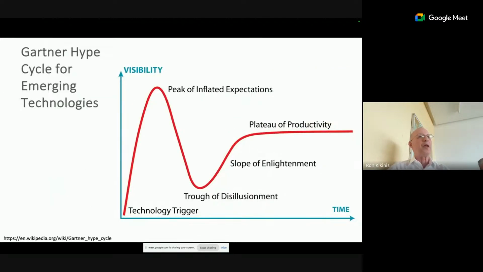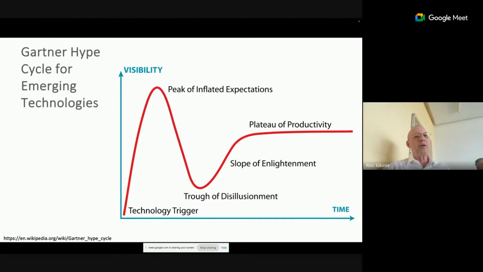So in the medical field, and in particular in radiology, people got very excited, and about 4 or 5 years ago there was this peak of inflated expectations, where one of the mathematicians in the field said, stop training radiologists, our algorithms will take care of diagnosis. Turns out that call was a little bit premature.